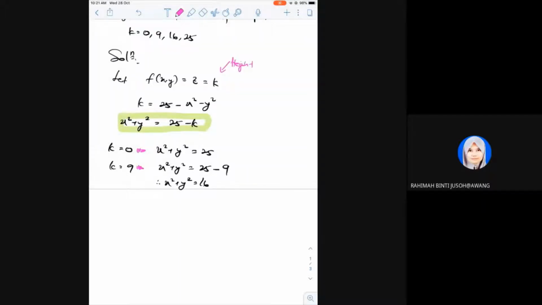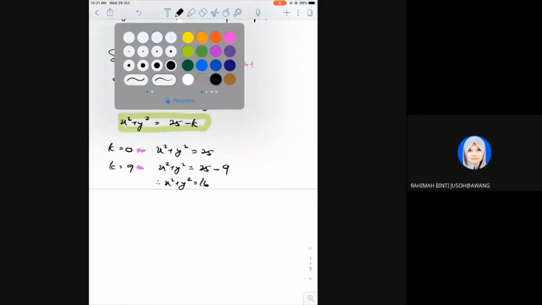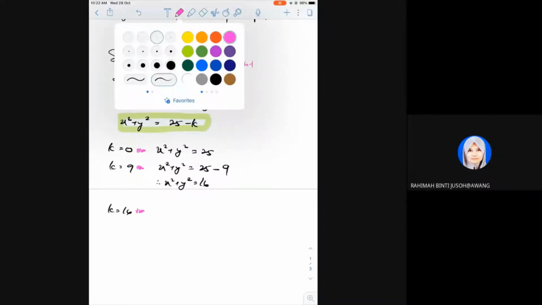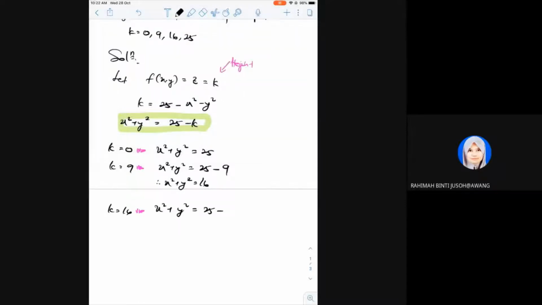So next, let us substitute k equals to 16. So we will have x squared plus y squared equals to 25 minus 16.